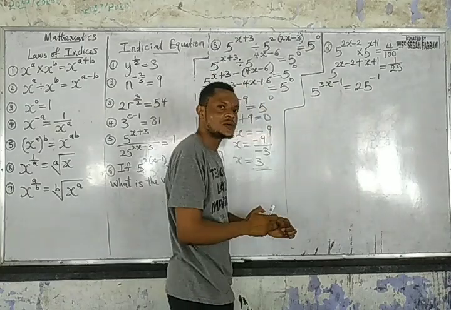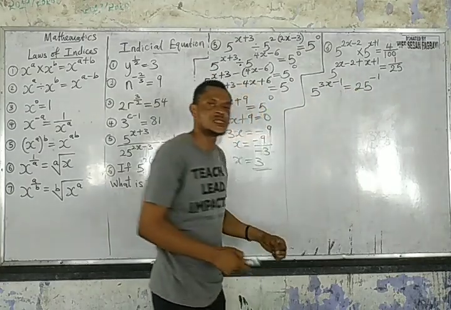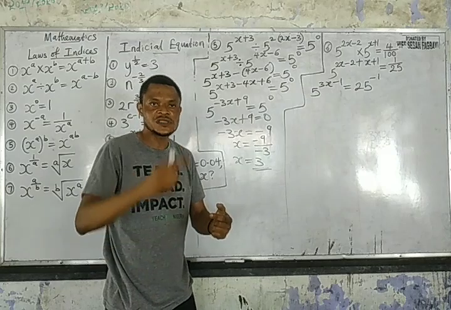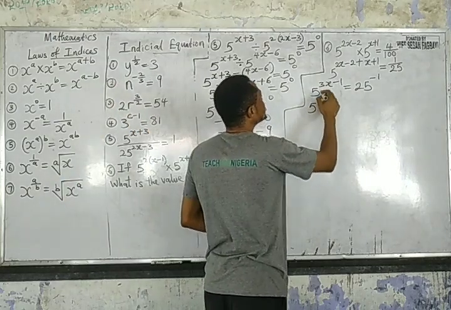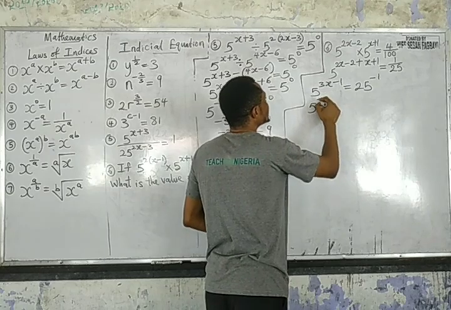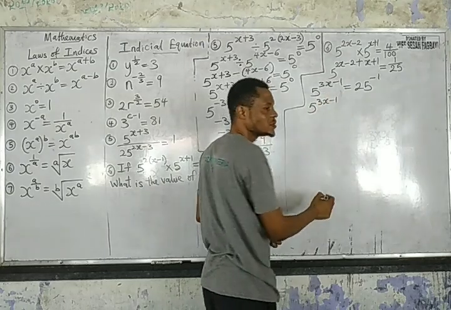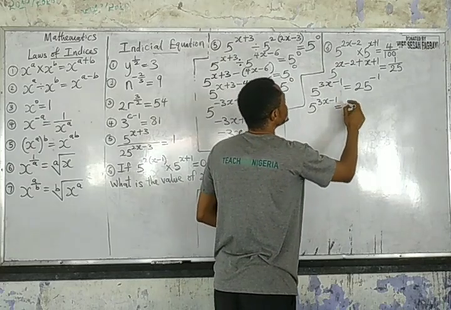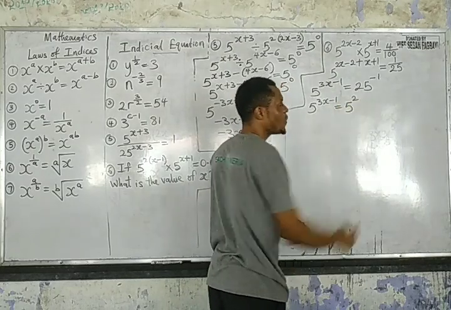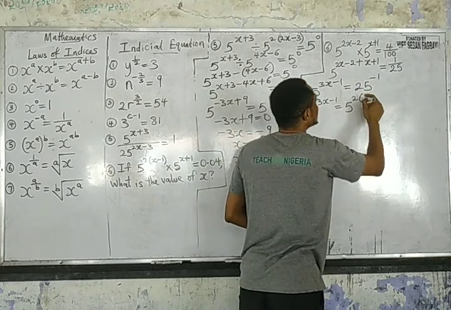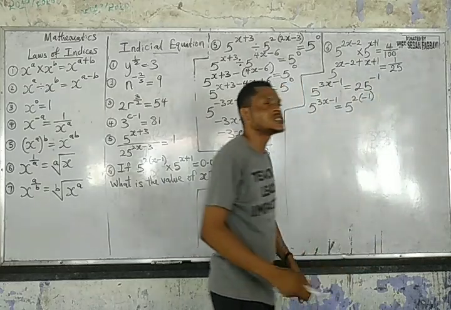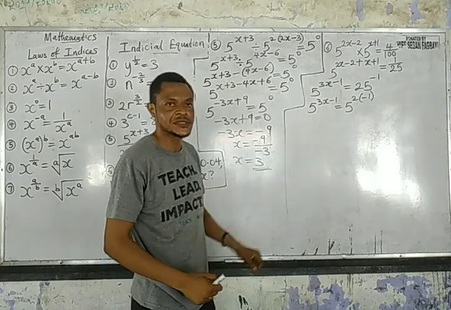It's getting clearer now. We can now index this 25 to give us 5 raised to power 2. 5 raised to power 3x minus 1 to give us 5 raised to power 2 multiplied by the initial value of minus 1, which is already placed at the power point.